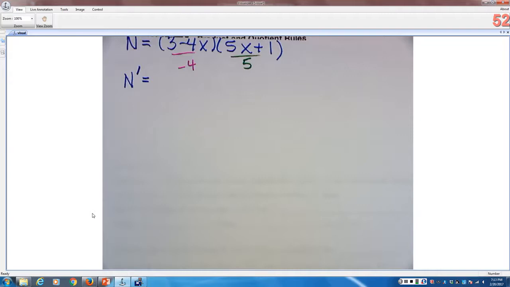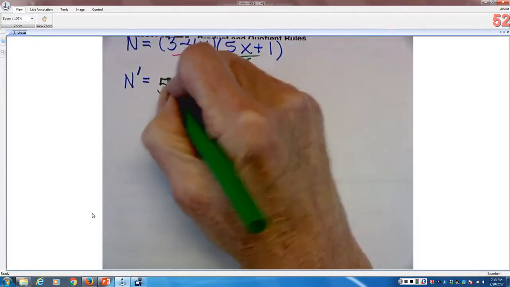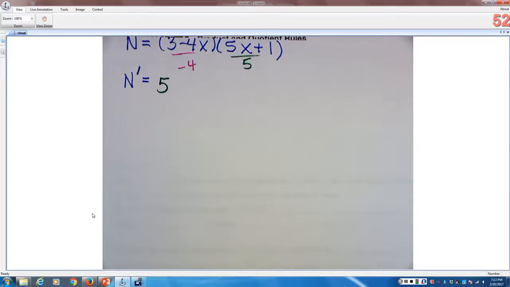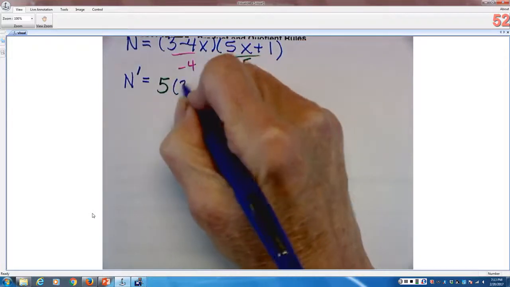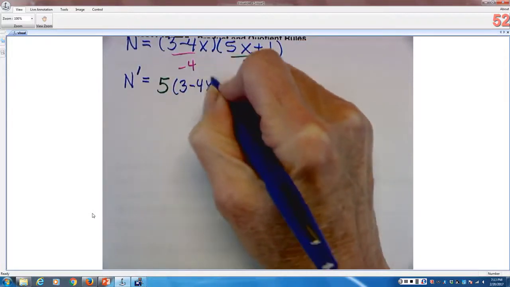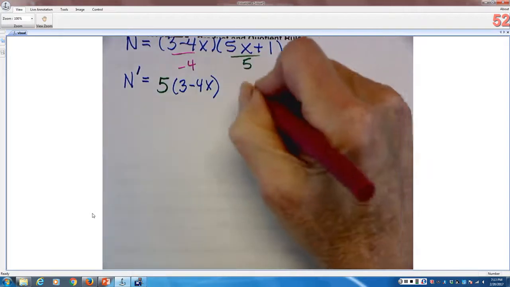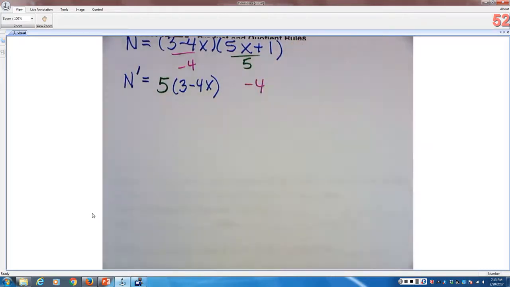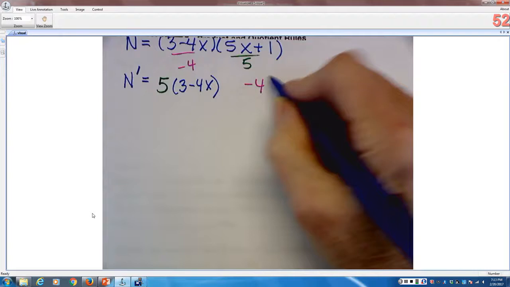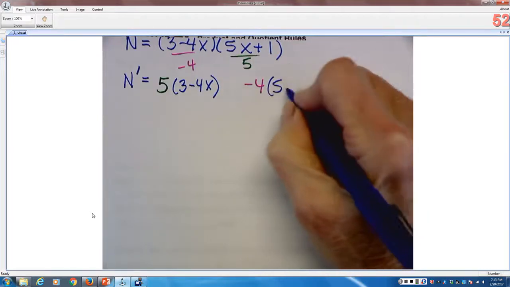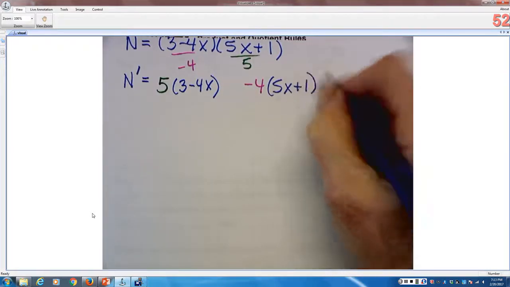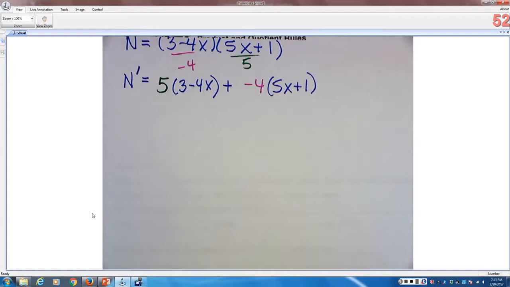So what I'm going to do is take the 5 and multiply it times the 3 minus 4x. And then I'm going to take the -4 and multiply it times 5x plus 1, and add them together.